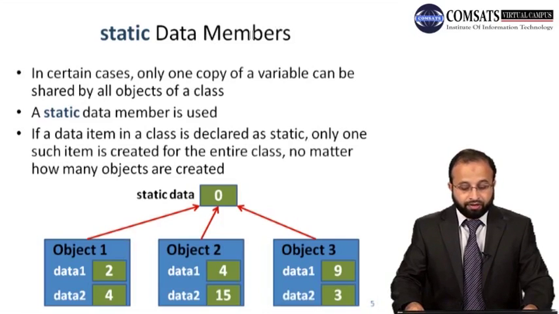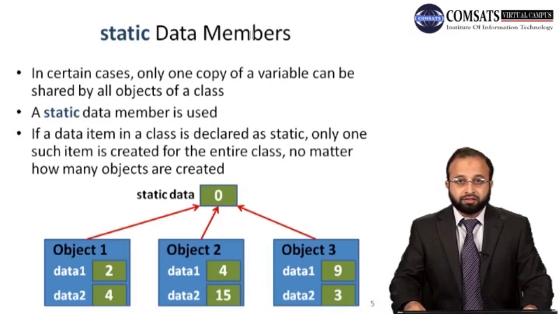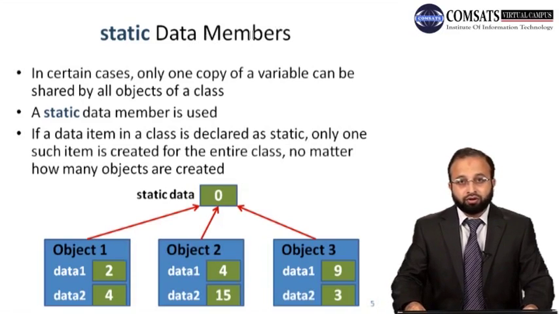So if object 1 modifies the value of the static data member from 0 to, let's say, 10, then when object 2 reads it, it reads the new value, that is 10, right? So a static data member is kind of a global variable whose scope is limited to the class, or we can say whose scope is limited to all the objects of that class.